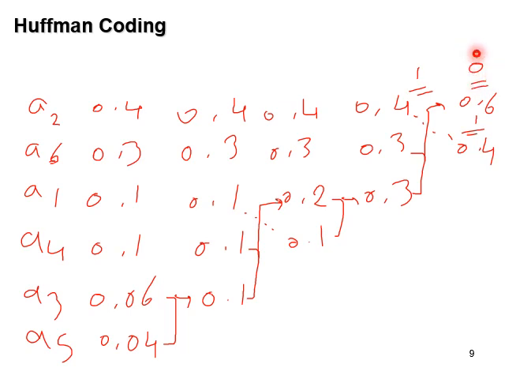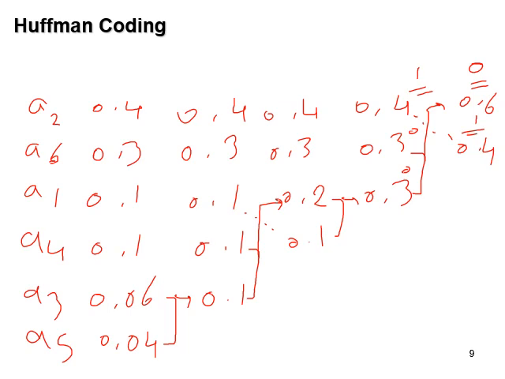So the 0 in that case will act as the beginning, or what we call the prefix, of the code of these two. So both 0.3 and 0.3, their code will start with 0. So let's write that here. So 0 for this 0.3 and 0 here.